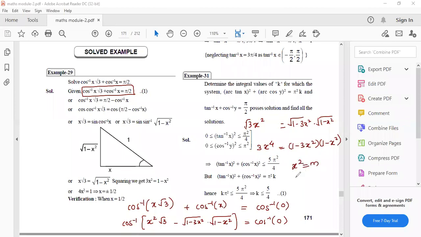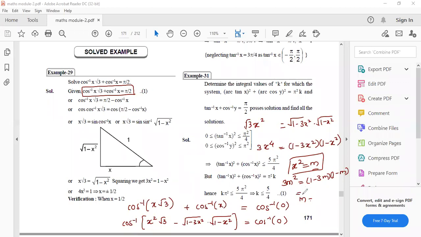If you put x square as m, will this look as 3m square equal to 1 minus 3m into 1 minus m? And simply with the use of quadratic, will you be able to solve it? You have to just take care that the value of m should not be negative, because m is nothing but x square. So accordingly, you can solve it. In this way also you will get the answer in 3 to 4 steps.